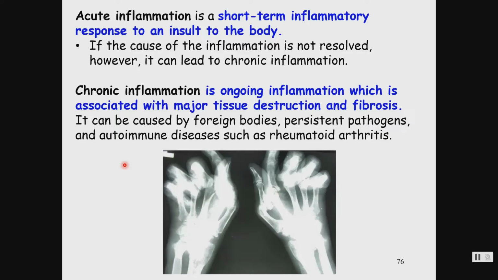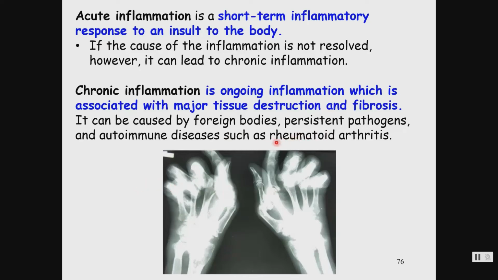Think about a sprinkler system in a building. If there's smoke somewhere, the sprinklers turn on. So there's damage because of that water damage from the sprinklers. The idea of it was good, but if you have too much inflammation, what you end up with is tissue destruction. An example of chronic inflammation would be rheumatoid arthritis.